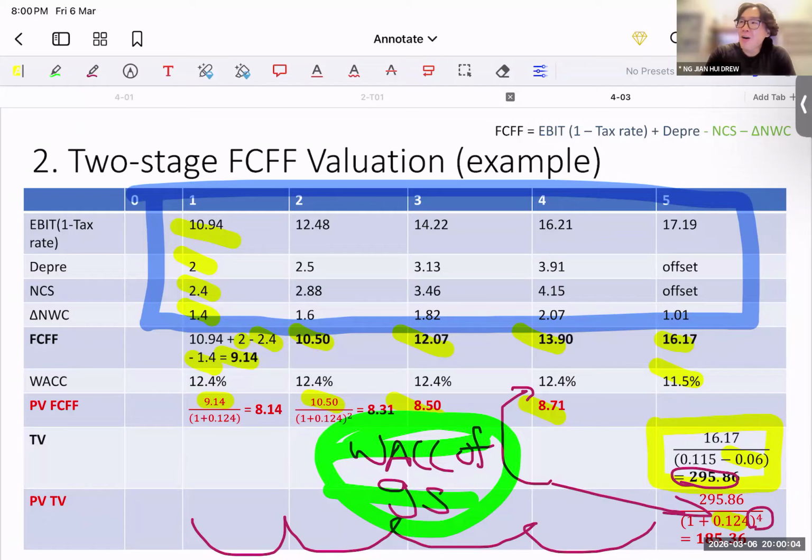And recall that in the last lecture, we talked about how, especially for those who are interested in doing the CFA, you must use the annuity method because you do not have Excel to do it year by year. There's no time for you to do year by year, because then you will not be able to finish your CFA paper.